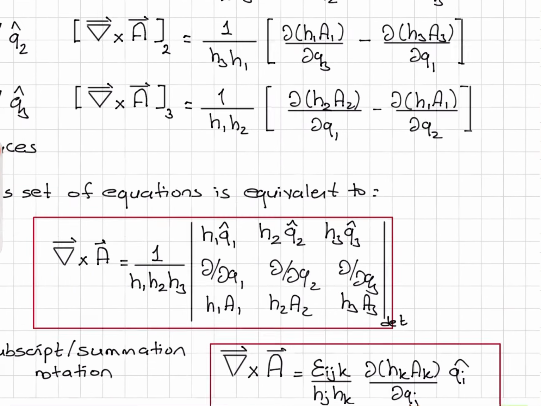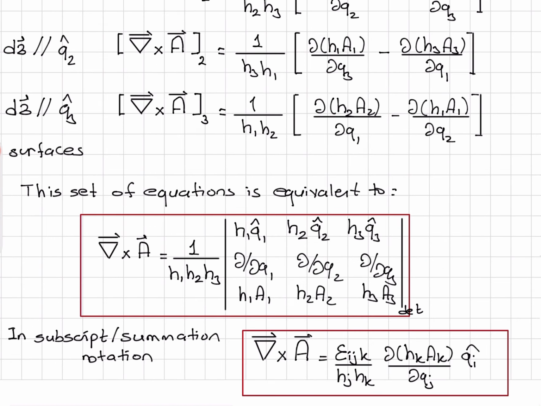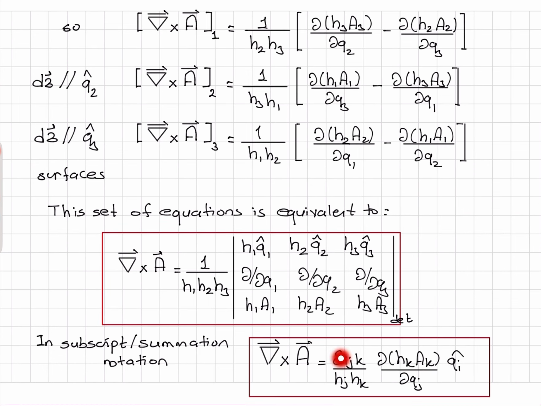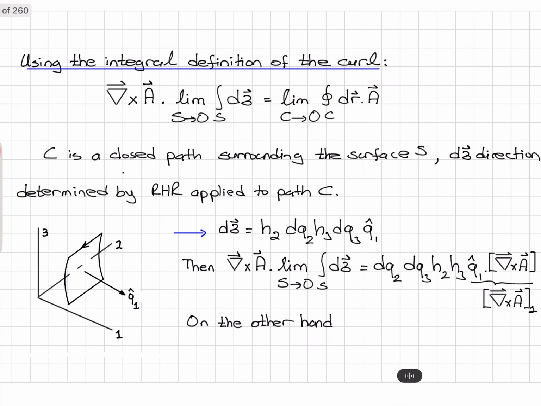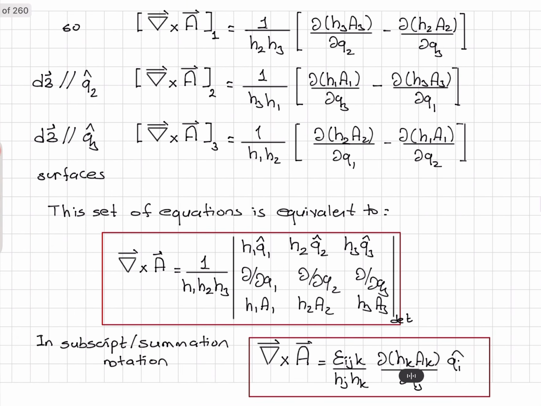In subscript summation notation, this can be written as epsilon ijk, 1 over hj hk, partial derivative with respect to qj of hk Ak, in the qi hat direction. So there are two ways to show this. Basically, using this integral definition of the curl, we were able to reproduce the curvilinear expressions for the curl operation.